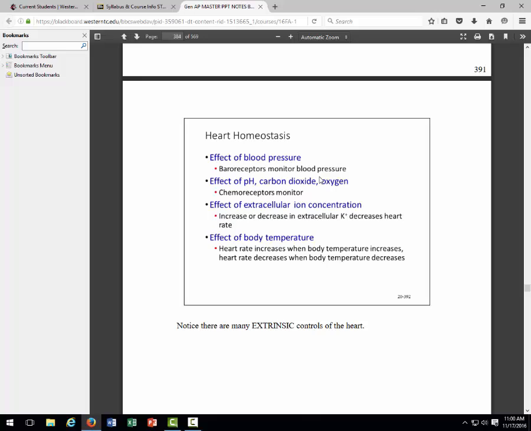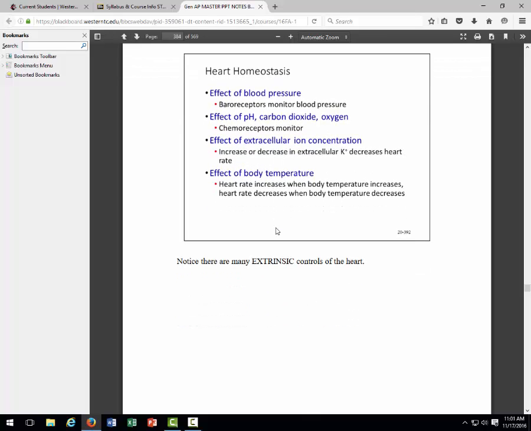If pressure is high, that will decrease. That'll inhibit that sympathetic response. If we have low pH, high carbon dioxide, low oxygen, we have chemoreceptors that will monitor that. And a lot of this monitoring happens through the medulla. The medulla oblongata is the major controller of the heart.